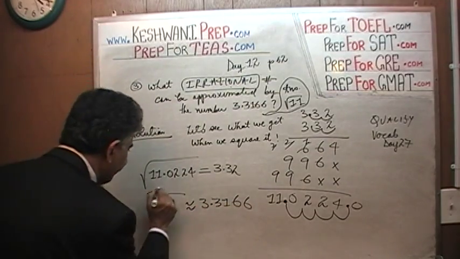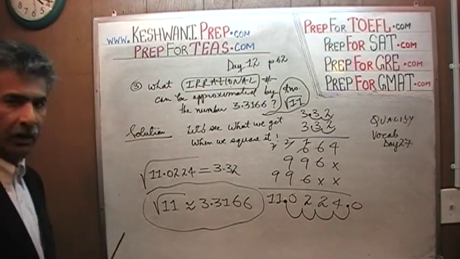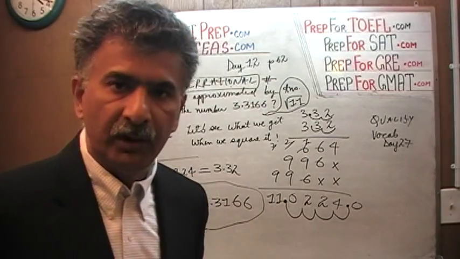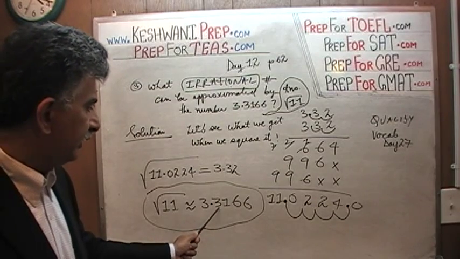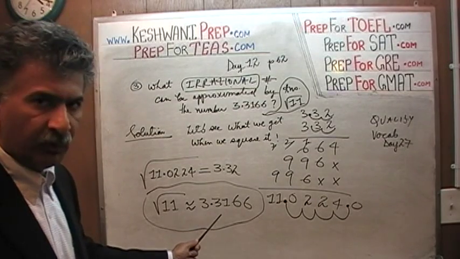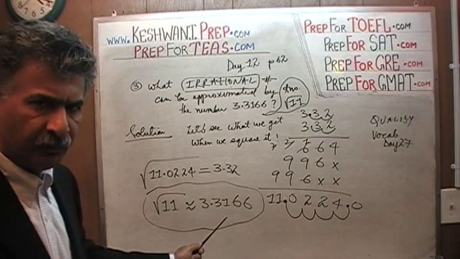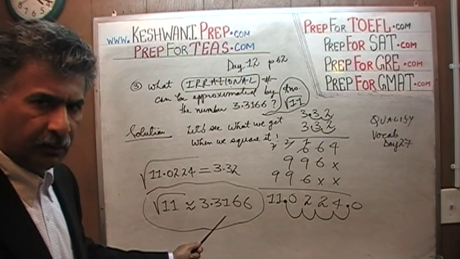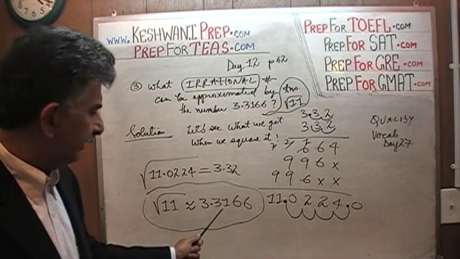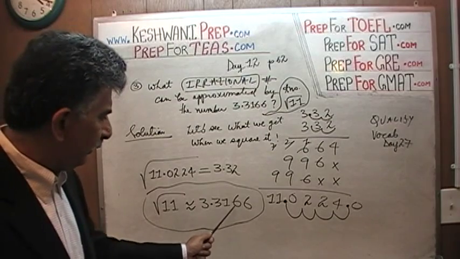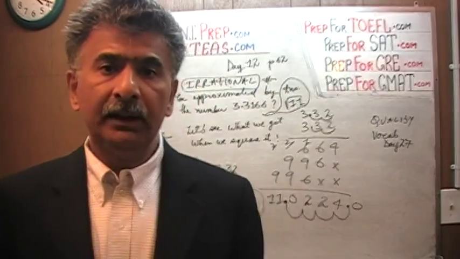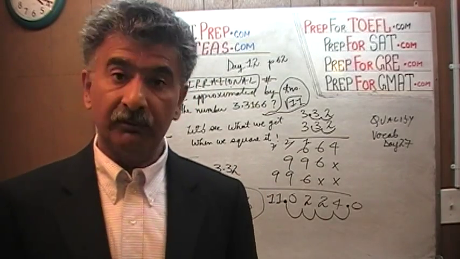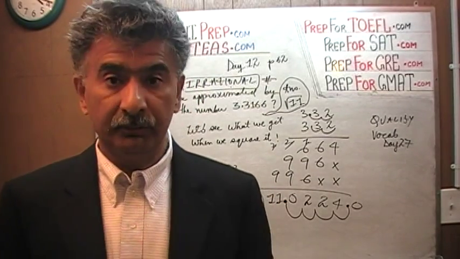And I would bet you that if you pick up a calculator and actually figure out the square root of 11, the first four digits after the decimal are going to be 3166, and then of course it will go on forever. So it's going to be non-terminating, non-repeating. It will have no pattern, because if it did have a pattern, it wouldn't be irrational.